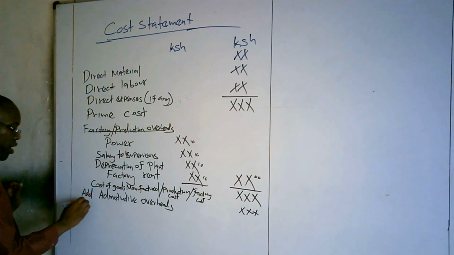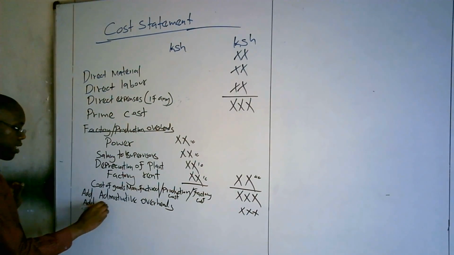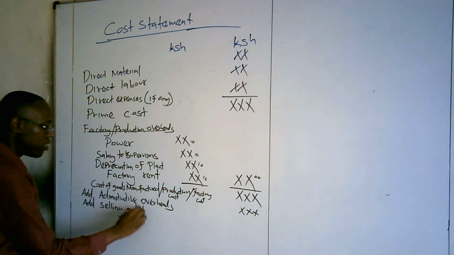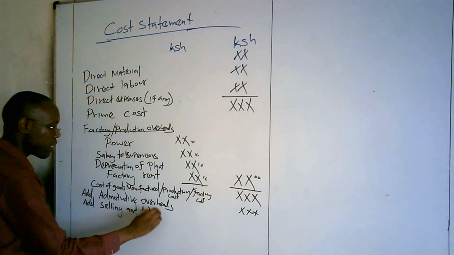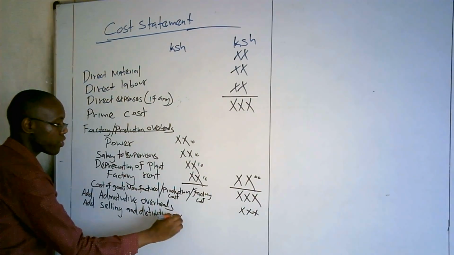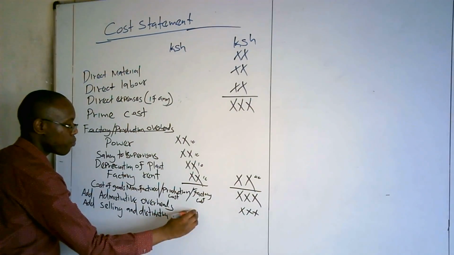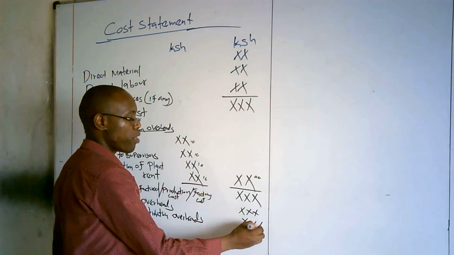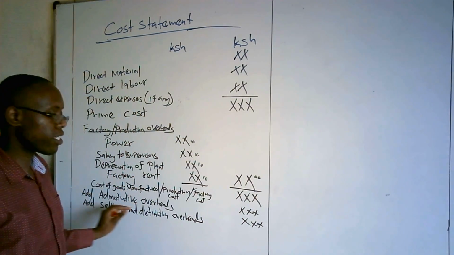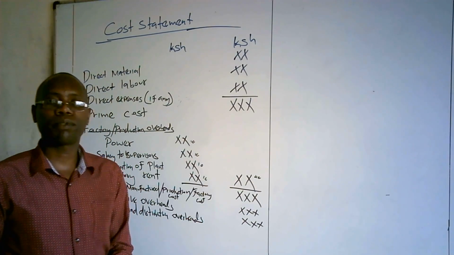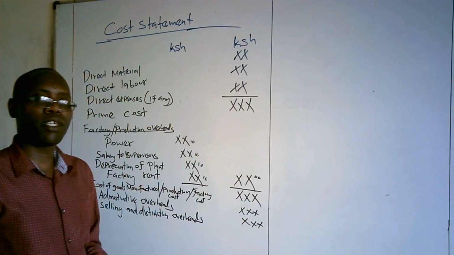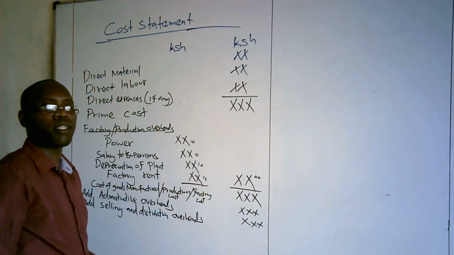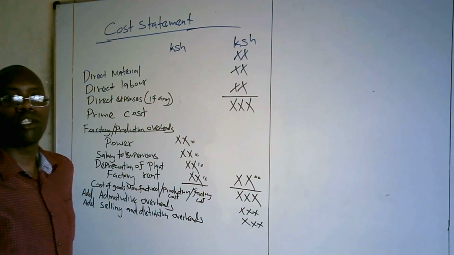And then again, we are going to add selling and distribution overheads. That selling and distribution overheads, you will also add here if you have been given them as a group. Sometimes again, they may not give you the totals of the selling and distribution overheads grouped that way.